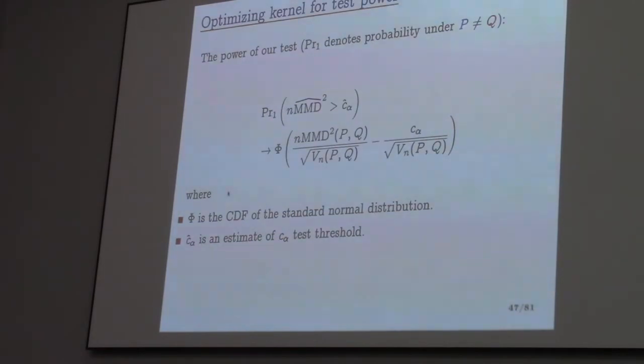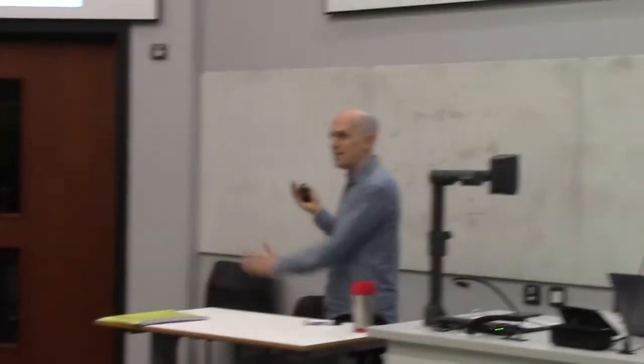I don't have to worry about my infinite weighted sum of chi-squares. I've got the standard normal CDF of my statistic minus this threshold, divided by the variance under the alternative. Okay. So I want to choose a kernel that maximizes this amount, right? I want to maximize the probability that I reject the null.